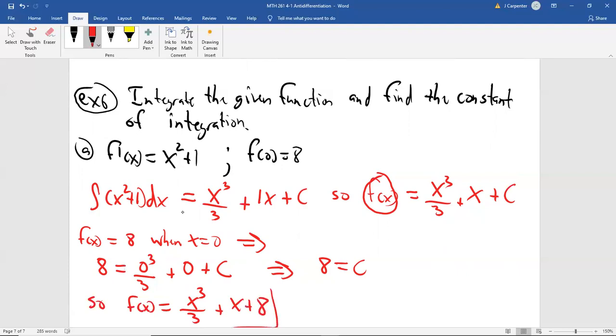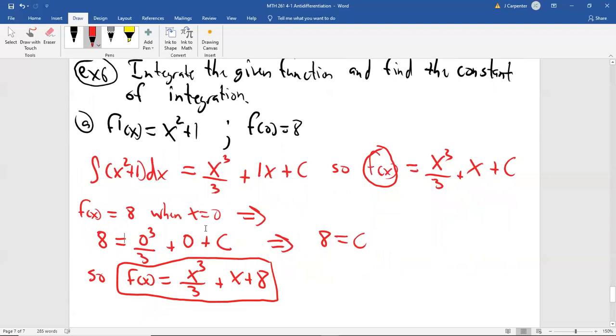Now that c could have a negative sign. That's always possible. If this was a negative 8, then this would be a minus 8, is all I'm saying here. So there is no more plus c. The c could also be 0. These are all possible scenarios. So this is how we find a constant of integration.